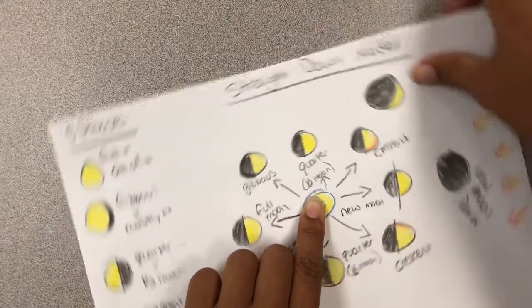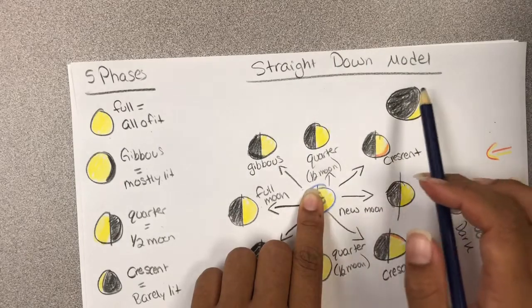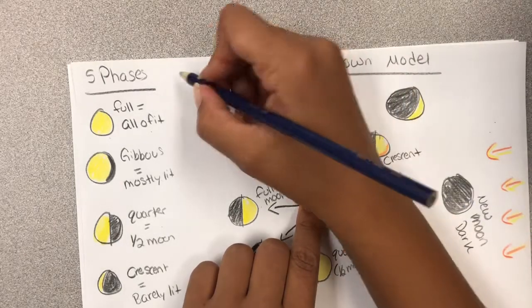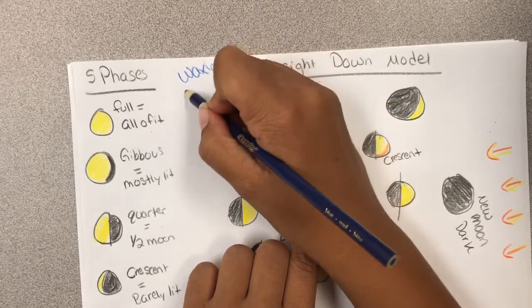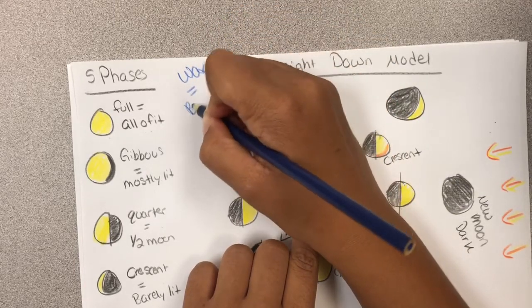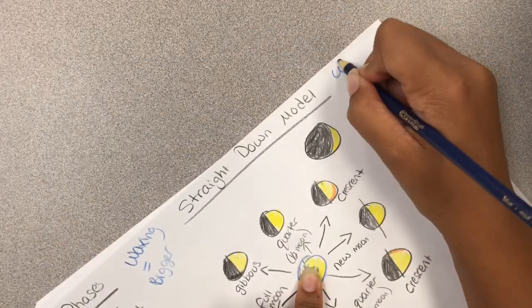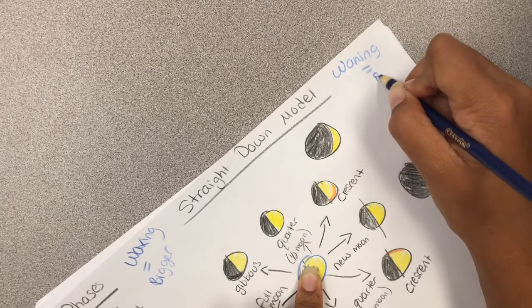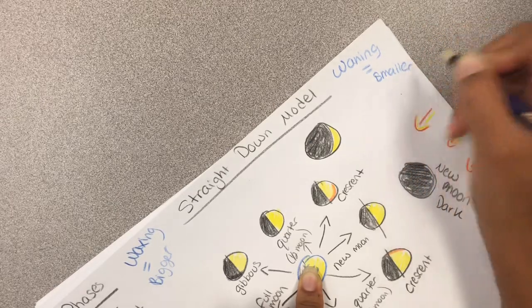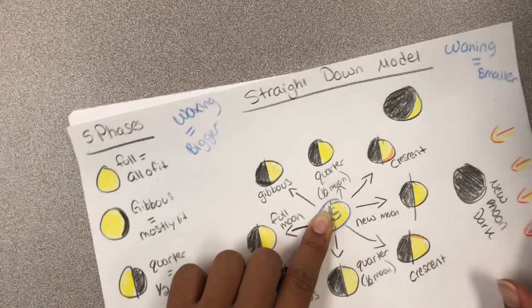Now, on the previous picture, we had two different vocabulary terms that we needed to add in. We had the term waxing, which means our moon is getting bigger. And we had the term waning, which means our moon is getting smaller. So we're going to use these two vocabulary terms within our moons.